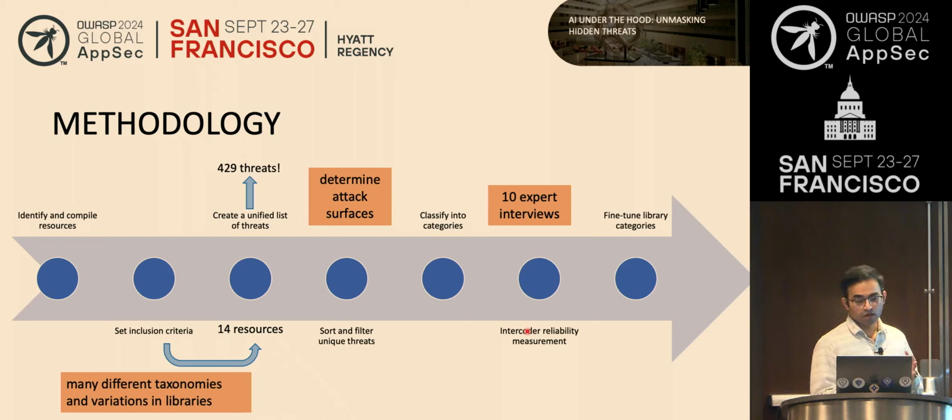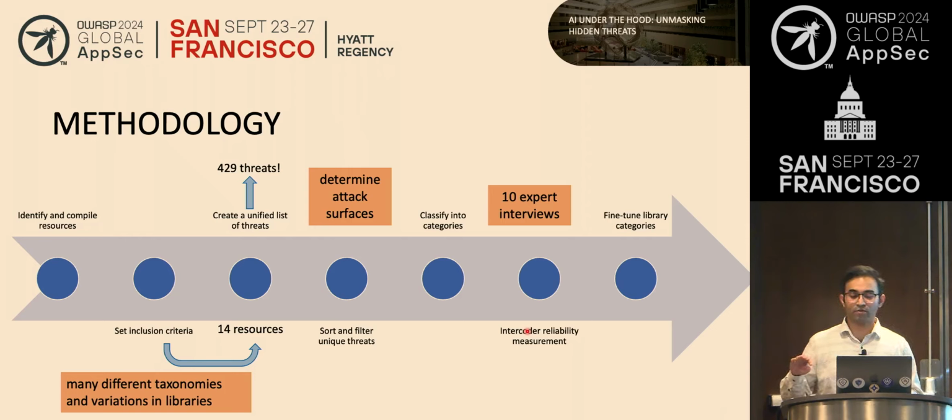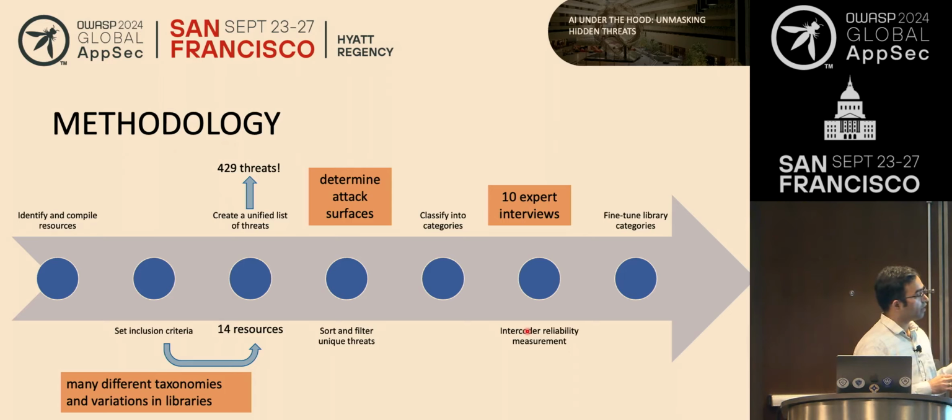So we needed to set an inclusion criteria on which particular libraries we should select. We excluded those libraries which did not have content related to privacy and security, and we also excluded those which were non-application specific.